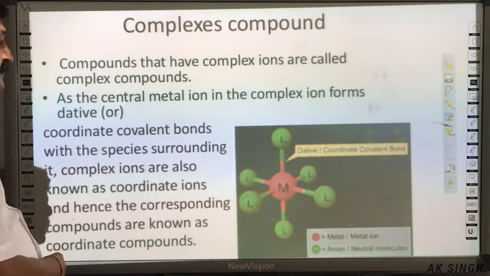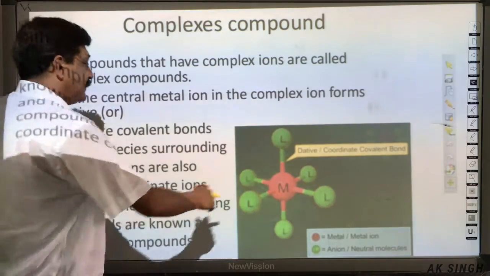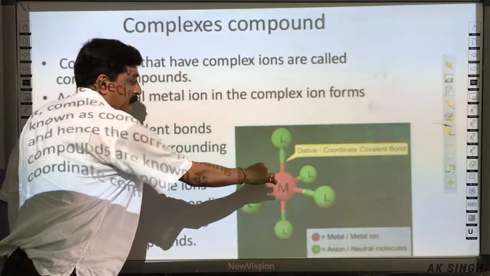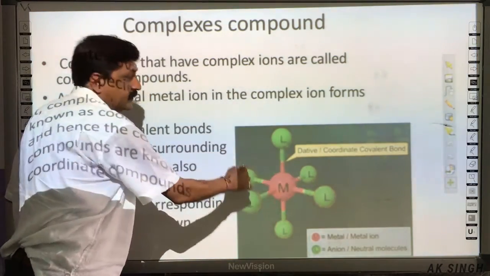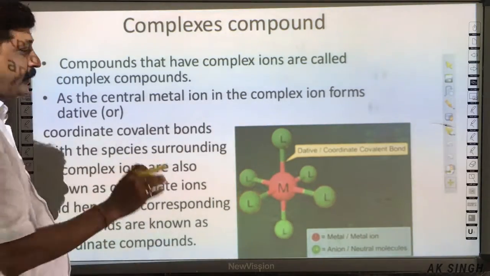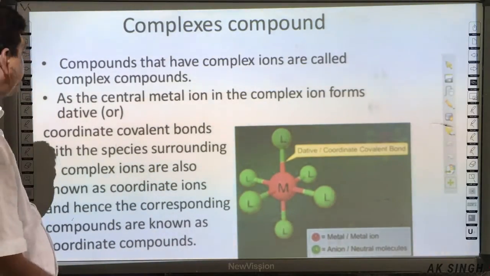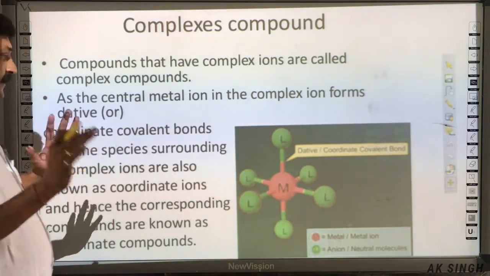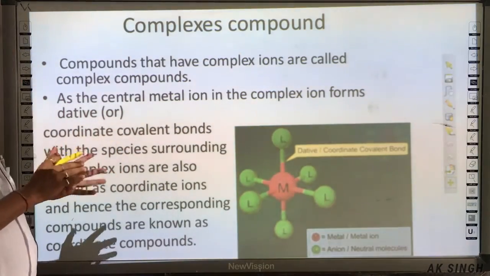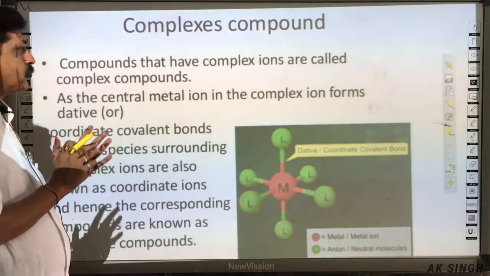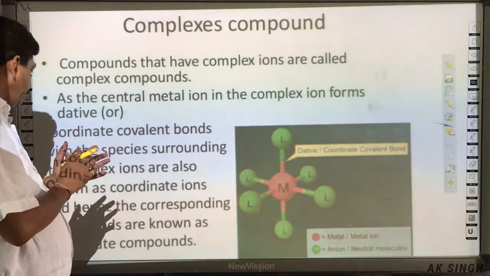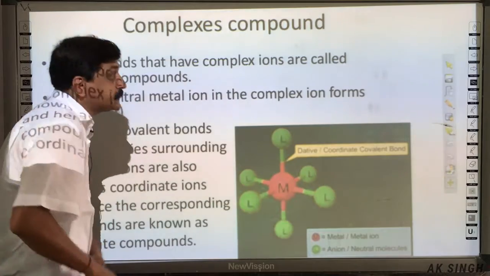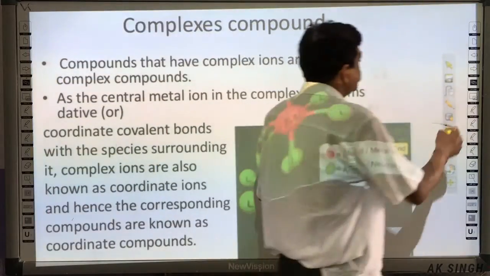Again the coordination compound example, the figure: central metal atom or ion and the different species called the ligands, which may be negative, neutral, anything. Now the different terms which are used in this coordinate complex will be explained by taking one example.